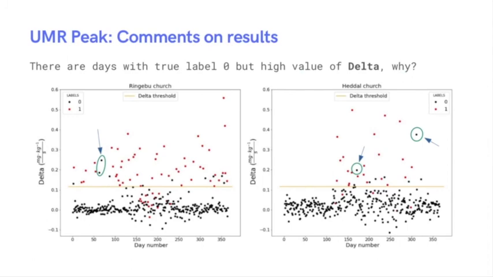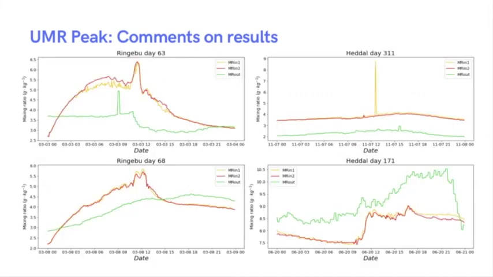Now, a strange thing is that there are days with true label 0, but with a very high value of delta. So how can we explain it? If we go and check the mixing ratio measurements of those days, we can see, for example, for the Ringebu days, that there is the heating curve, so the mixing ratio slowly goes up and then down, but around 11-12 am there is a huge peak on the internal mixing ratio, and this is very likely due to a celebration.